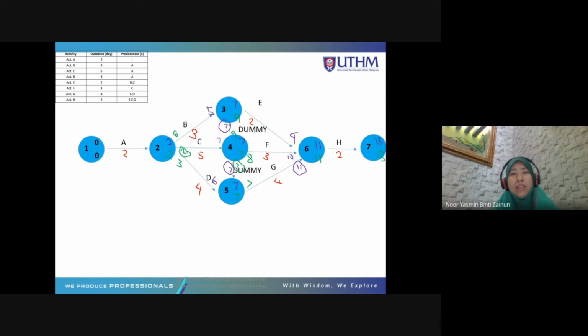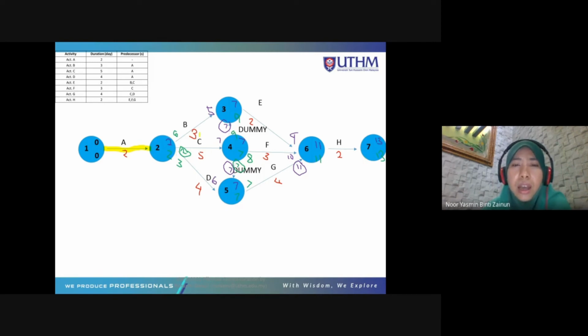Okay. So this is actually the early start and early finish, late start and late finish for the activities in this project. And then you can see the similar numbers. They become your critical path activities. Oh, you have one more here. Similar number.